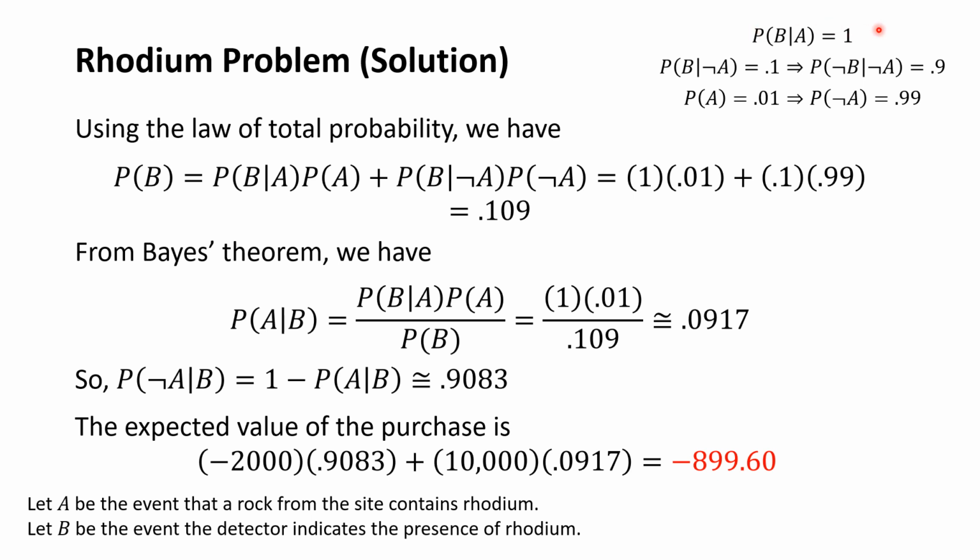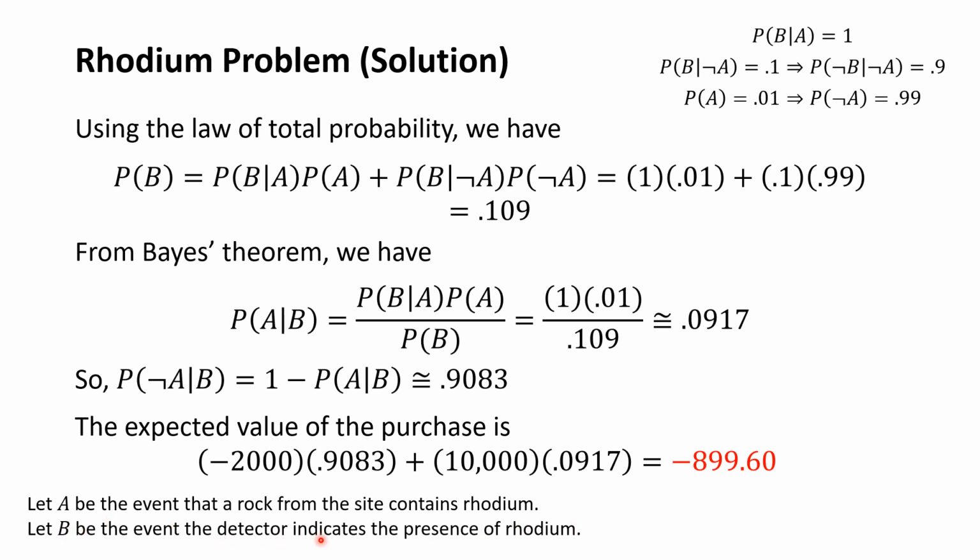So I've copied the probabilities that we wrote down from the previous slide up here. We'll need to use those. So first we're going to use the law of total probability to find the probability of B, and then we'll plug that into the Bayes rule down here. So the probability of B, and again I wrote it back down here on the bottom just to remind us.